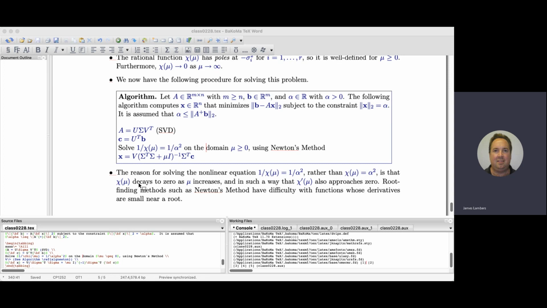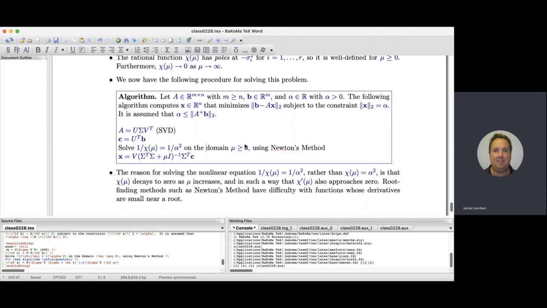4.5.4, showing that A transpose A plus mu identity has condition number less than or equal to that of A transpose A. I suggest using a singular value decomposition for that one, because the condition number is the 2 norm of the matrix times the 2 norm of its inverse. You're looking at the 2 norm of the matrix A transpose A plus mu I times the norm of its inverse, as opposed to the same for A transpose A. You have a simpler formula for the condition number in the 2 norm: the matrix's largest singular value divided by its smallest.